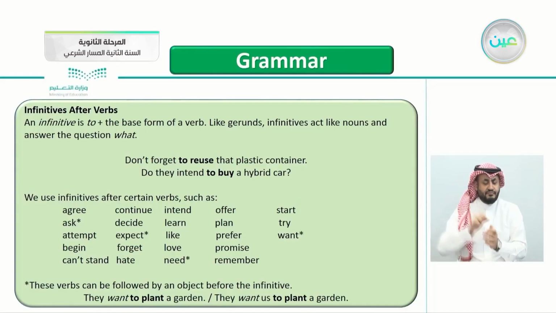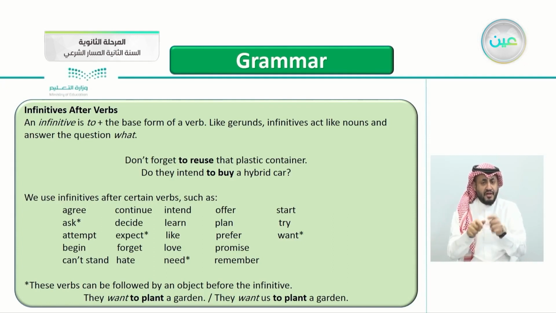And notice here some of these verbs have some marks on them. What do they mean? These verbs can be followed by an object before the infinitive. Again, these verbs like ask, expect, need, and want.